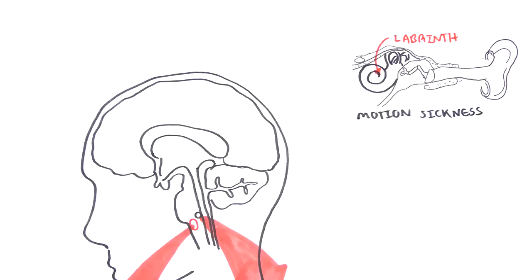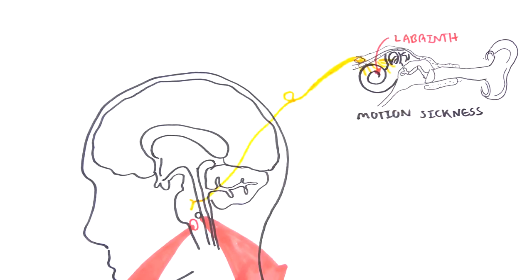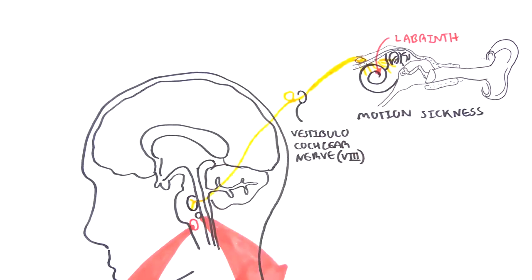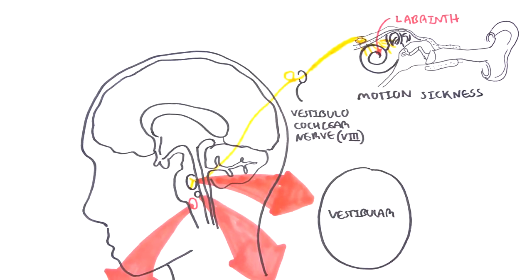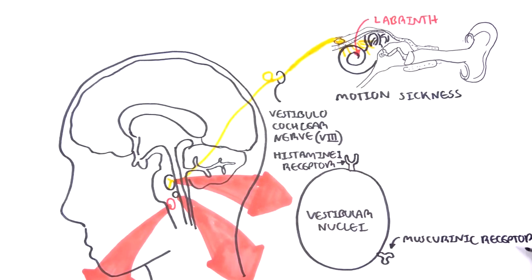Problems here will send electrical signals to the brainstem via the vestibulocochlear nerve. And the signals will get sent to an area specifically in the brainstem called the vestibular nuclei, which is located in the pons of the brainstem. The vestibular nuclei contain histamine 1 receptors and also muscarinic receptors.